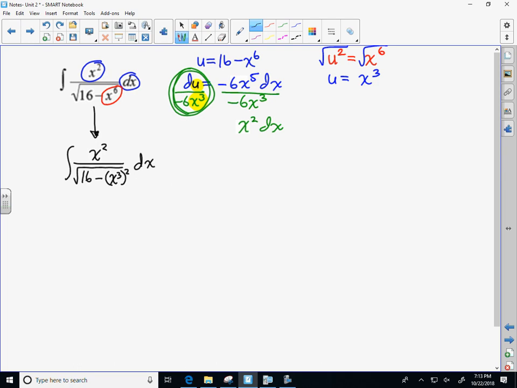Now what I wrote in black would be, if you can jump right to that, that's a lot of intuition at work. Whereas this is more procedural, but the idea is that I can't take a meaningful derivative of the x to the 6th power, but I can if it's x to the 3rd power, because x to the 3rd power has a derivative of 3x squared, which is what I'm looking to cancel out.